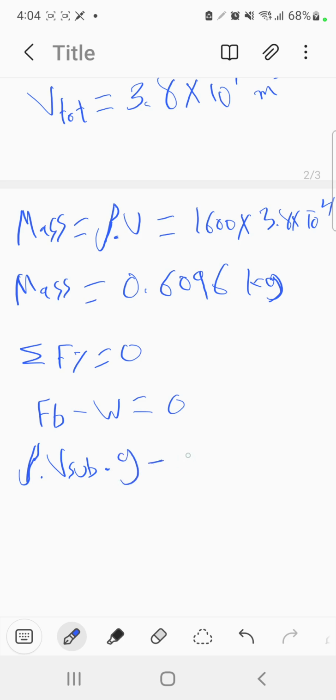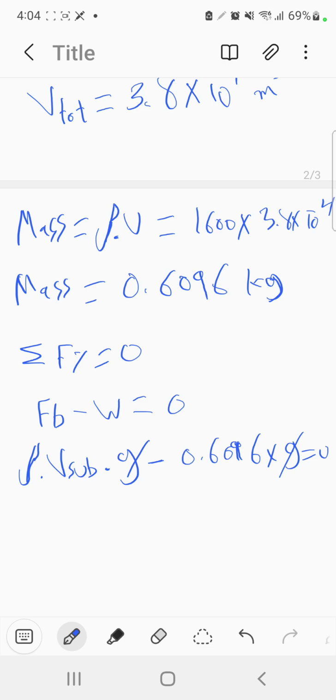minus W. W is equal to mass times gravity, and we do have the mass because we got it: 0.6096 times gravity, equal 0.